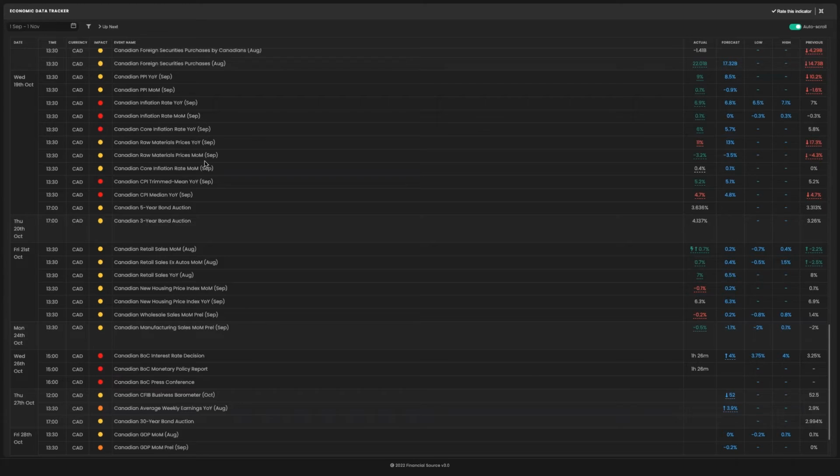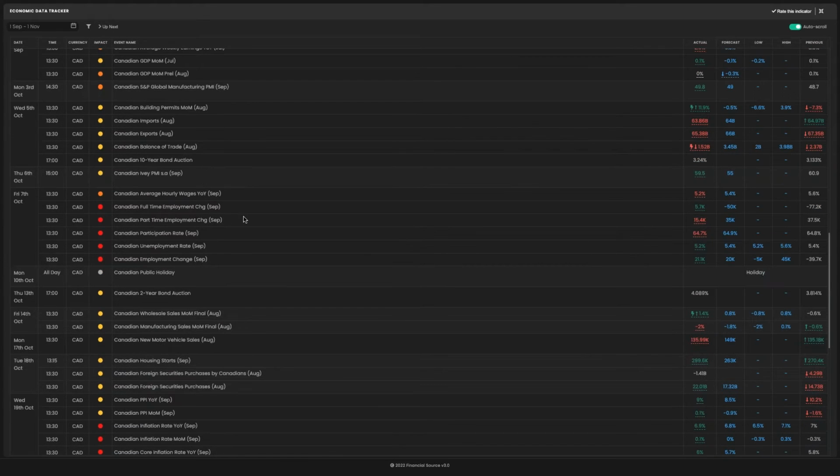We've also seen jobs falling. You can see here, full-time employment has also dropped. So your participation rate is lower, and the unemployment rate, that's good, 5.2%, better than the prior 5.4%. And the full-time employment change is 5.7 thousand. But we have seen falls in the jobs market as a trend.